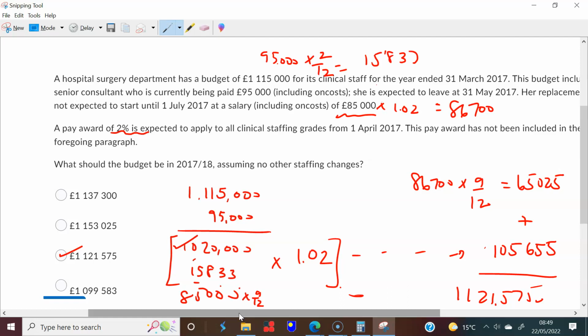Yes, let's just multiply 85 times 9 divided by 12, 63,750. So this is equal to 63,750. So if you add all these three together and multiply by 1.02, you will also get the answer. So I think it's just depending on how you shape it or how you look through it. Cool, great stuff. And that is the end of quiz 5.